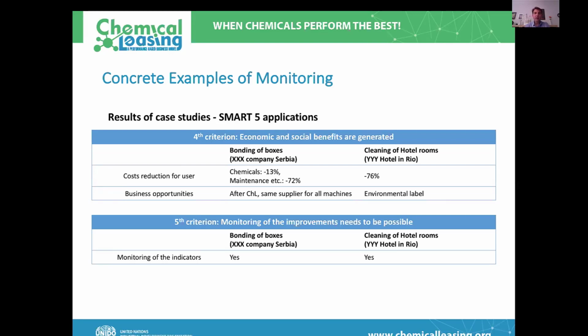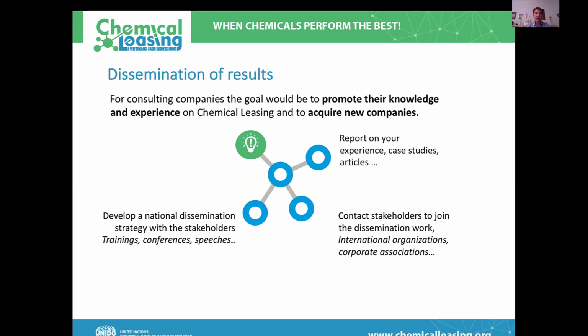And the final criterion: very often you can reduce consumption in one step, but then it stays the same. If the Chemical Leasing contract is good, if the partners trust each other, if they know each other very well, they share experiences, and then they continually decrease consumption of chemicals and increase benefits.